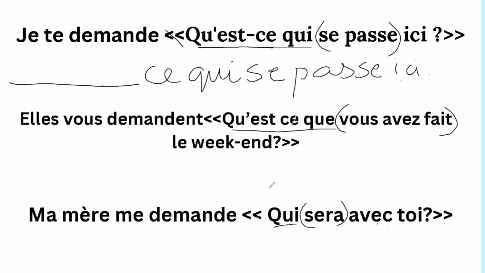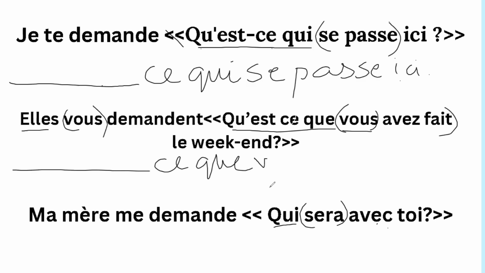Next one we have, everything here before the dialogue again remains same, no change in this. Qu'est-ce que we just saw changes to ce que. Now who is this vous here? The person whom they are addressing is again vous. So vous will remain vous, and we'll maintain the tense definitely.